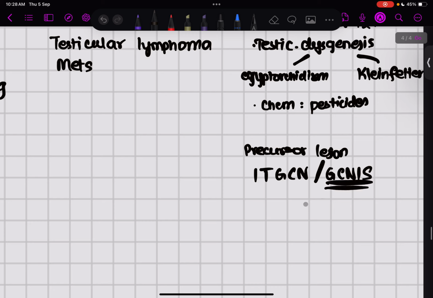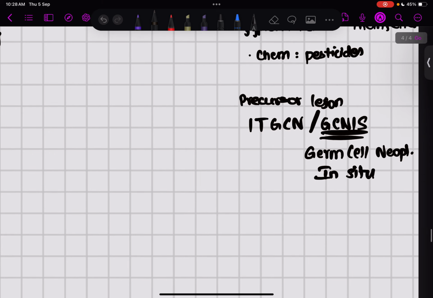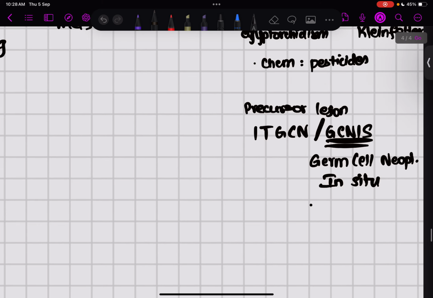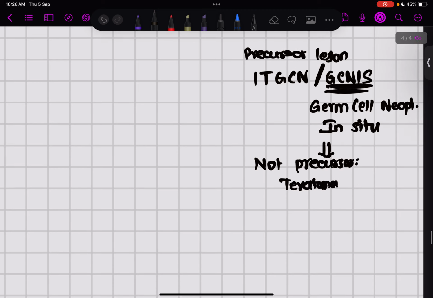This is the now used term. But this is not a precursor in teratoma and spermatocytic seminoma.